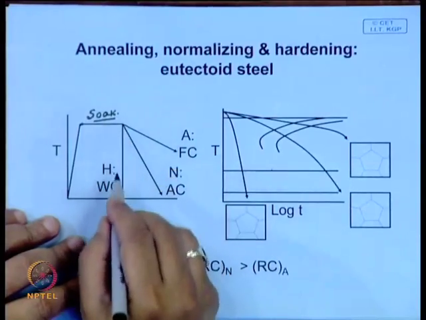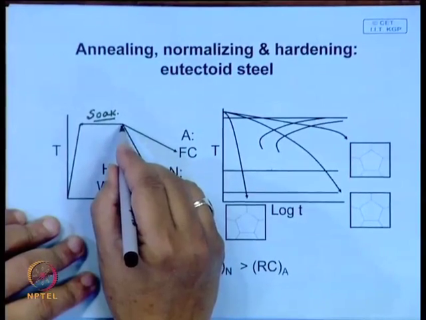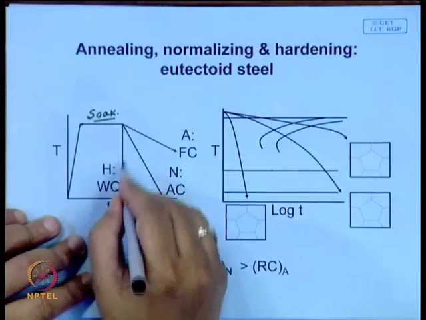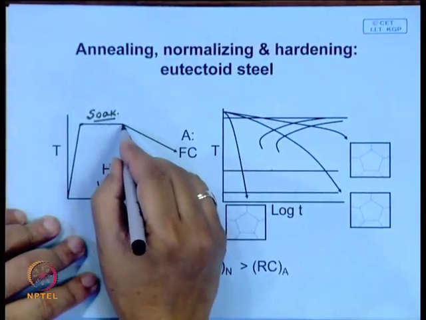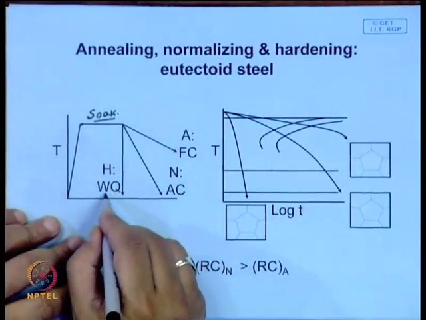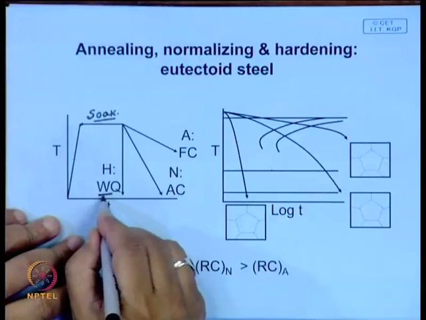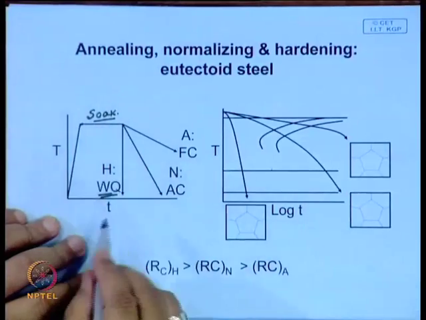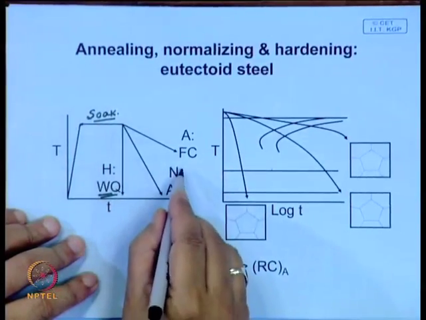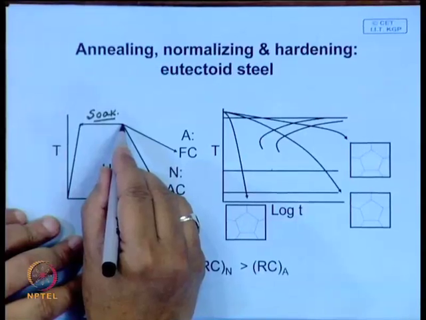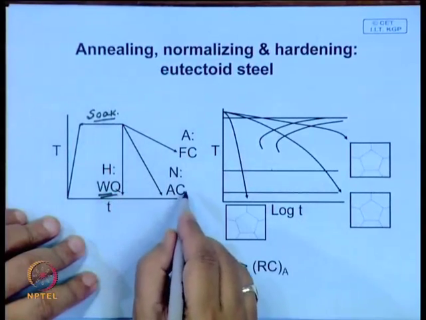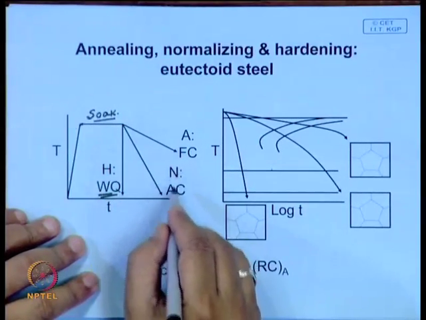And then if you are hardening, you have to quench in a liquid, and one of the ideal or very good quenching media is water. So, you quench in water, and if you are normalizing, take out the sample from the furnace and let it cool in air, still air.